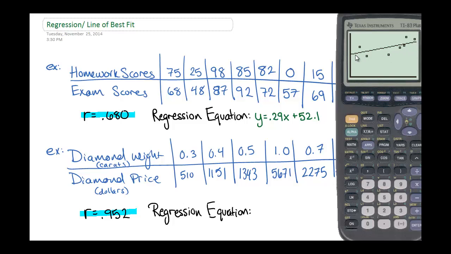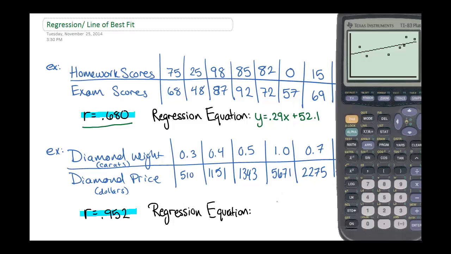This is a line modeling the pattern between these points. Now we noted last time that this R value is really not very high. It's not very close to 1, which is why these points don't really follow the line that well. But the question here is, are they close enough that we can use the line as a model, or are they too far away and we really shouldn't be using this regression equation at all?